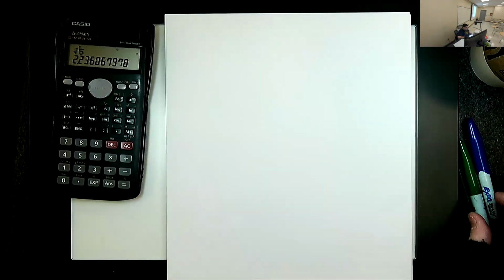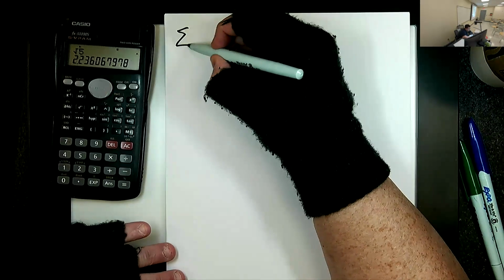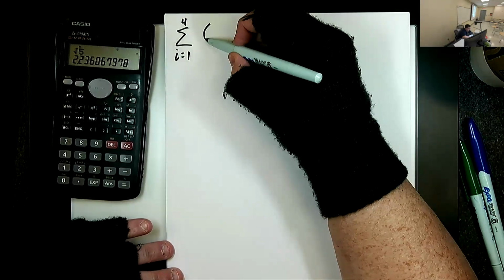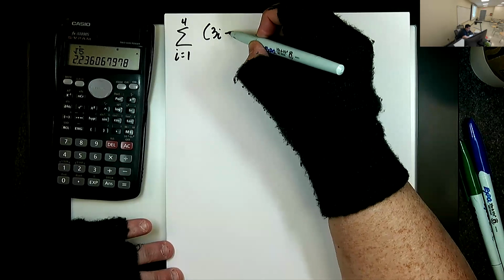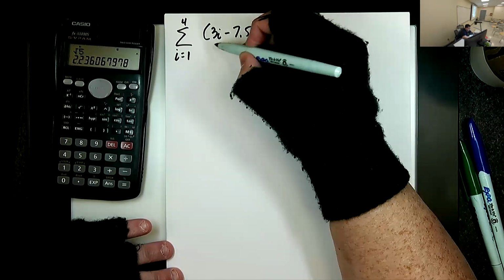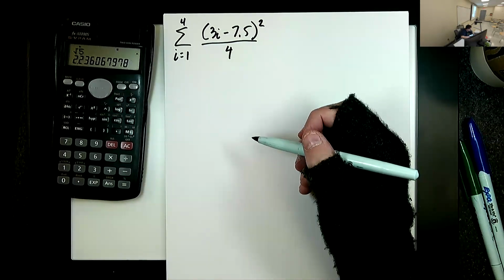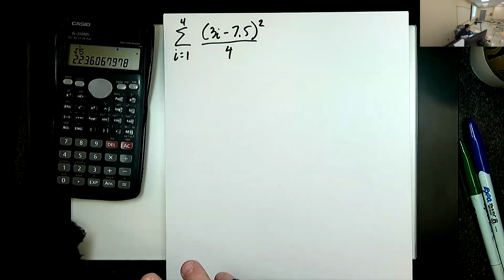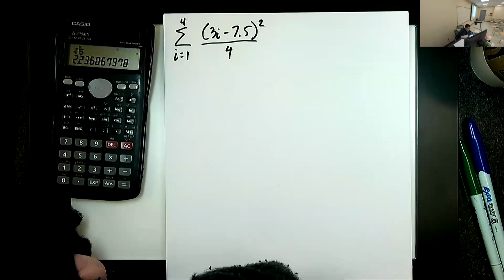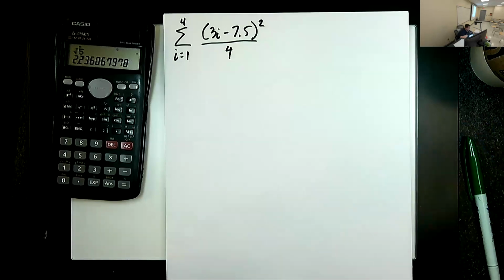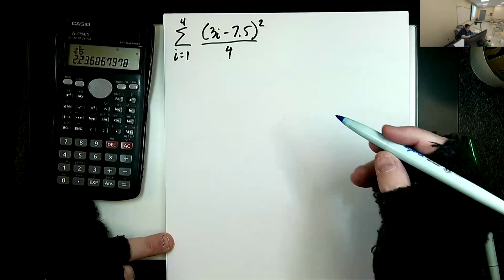So, my first example here is i equals 1, and we have 4 up here, and I'm going to have (3i minus 7.5) squared divided by 4. Now, if you have to do this by hand, and they don't ask you to do little sub-steps, it's handy to take advantage of this kind of information.